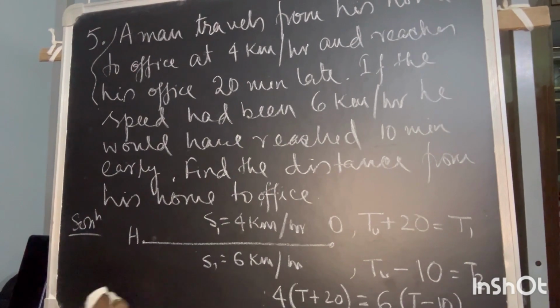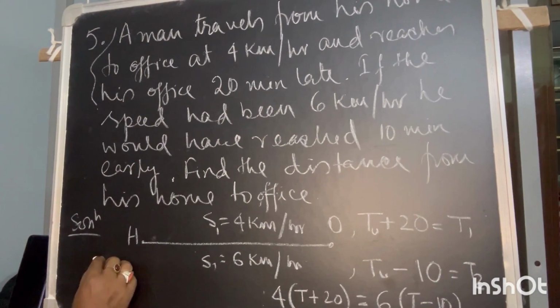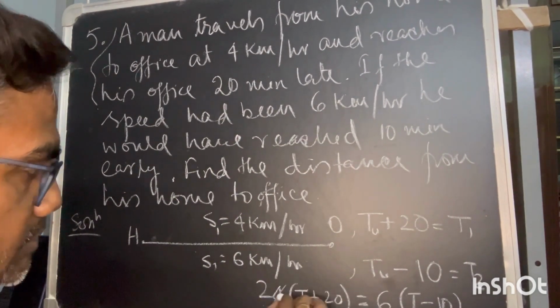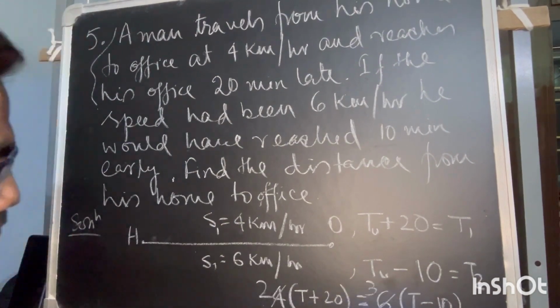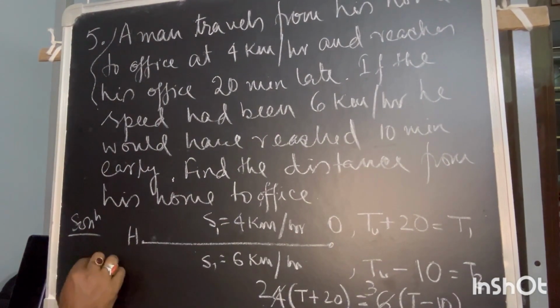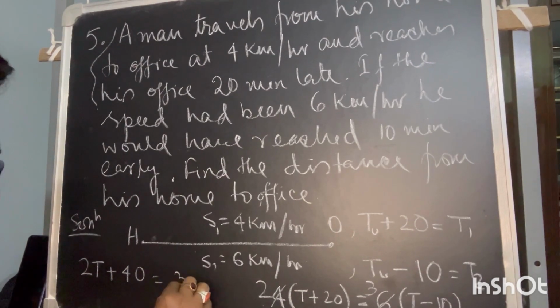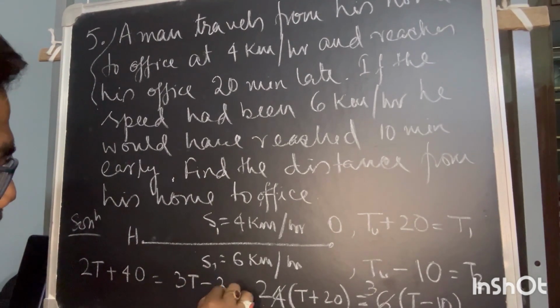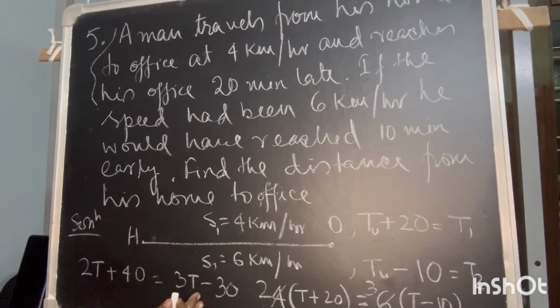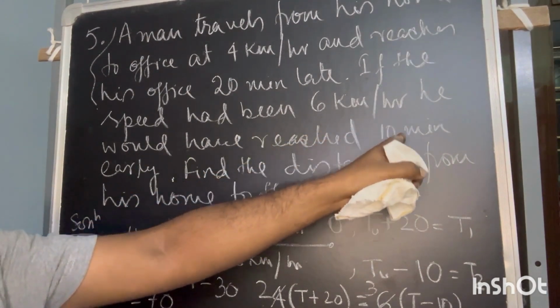So let me solve it because T is needed here. You can reduce the calculation. So this will be 2T plus 40 is equal to 3T minus 30. So T, if I take this side, and 30 comes this side, this will be 70. So time is 70. So 70 minutes.